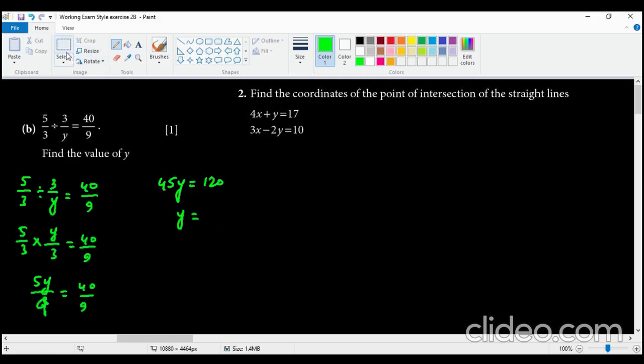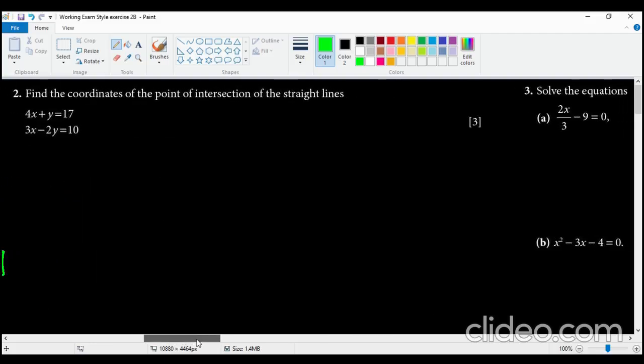So 9 times 40 is going to give us 360. So I will write 360 here. Now divided by 45, this gives us y equals 8. This is the final answer for this question.